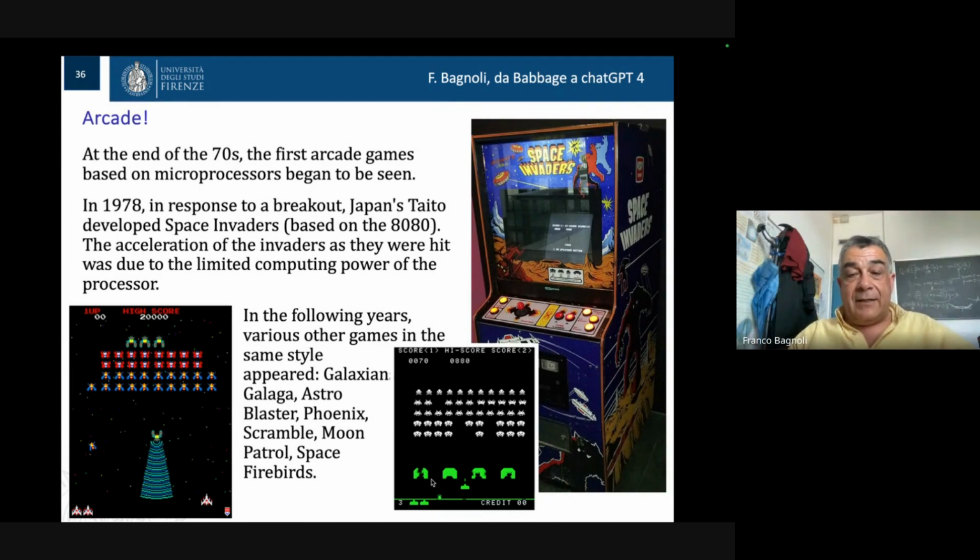So, for instance, instead of having the classic Space Invaders again in black and white, you could have the console of Space Invaders. You could have a Galaga with colors, with things that floated around. Even though the idea is still the same, the interface was extremely more sophisticated. Clearly, not like today, but.